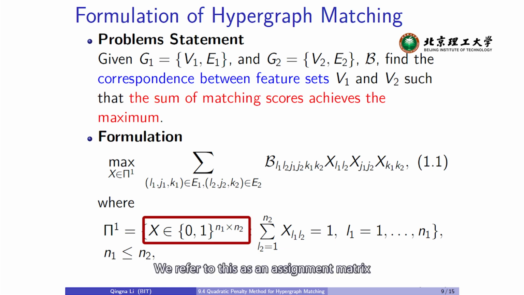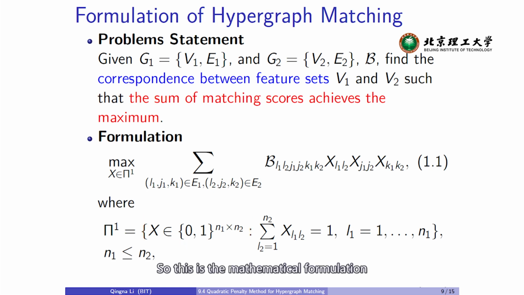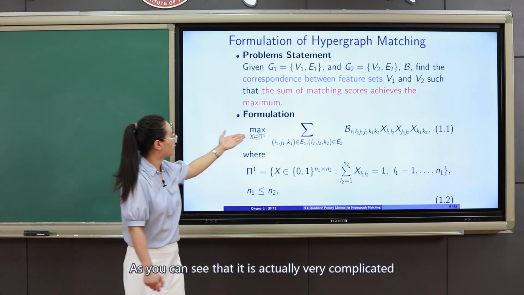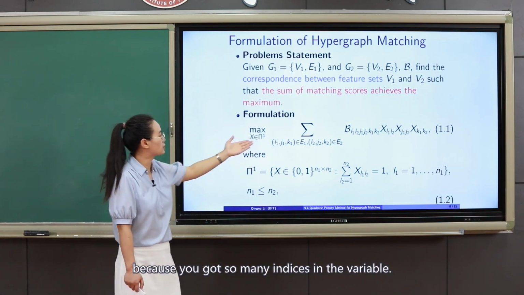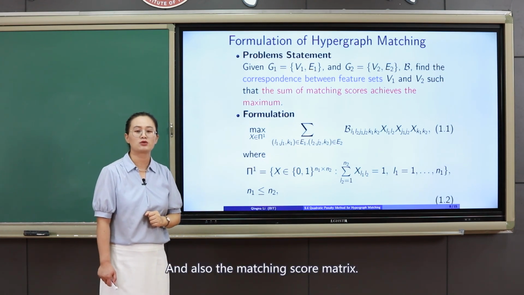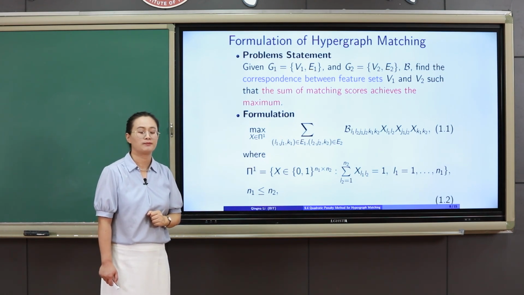We refer to this as the assignment matrix or assignment constraints. So this is the mathematical formulation for the problem. As you can see, it is actually very complicated because you have so many indices in the variable, and also in the matching score matrix.